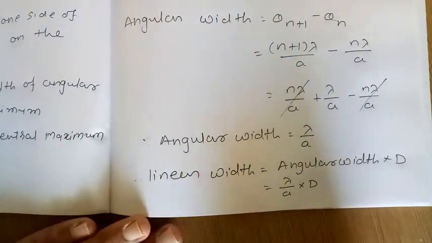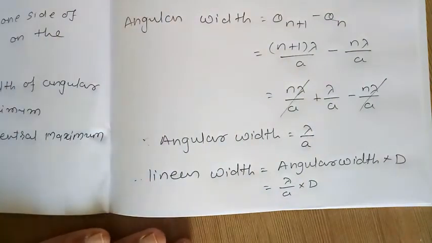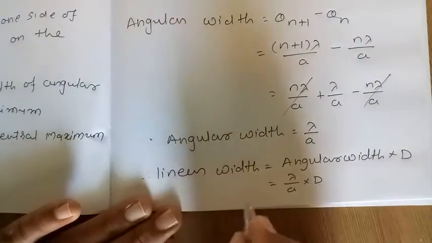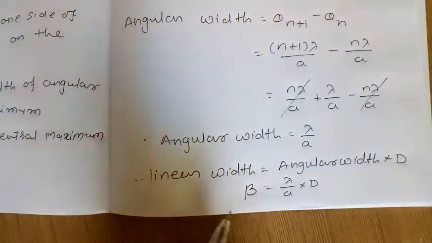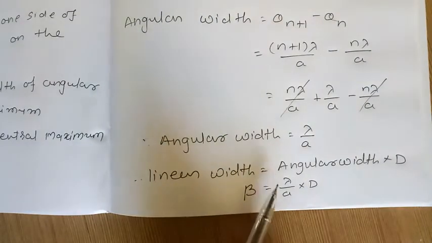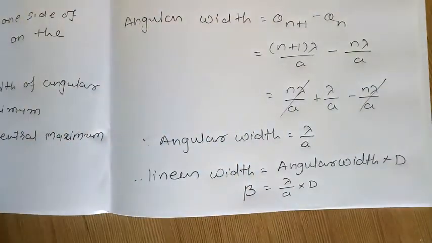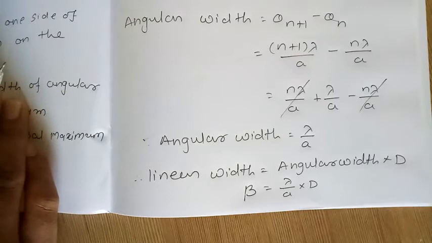Suppose for this difference between n and n plus 1, we denote linear width by beta. So we can say that beta is equal to lambda into capital D by a, right?